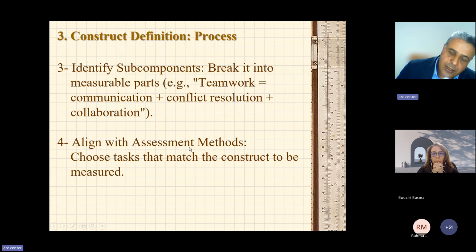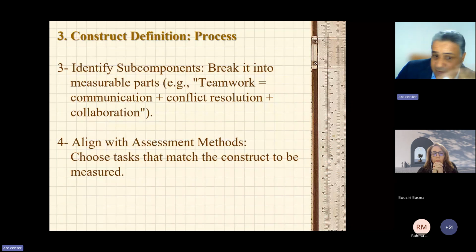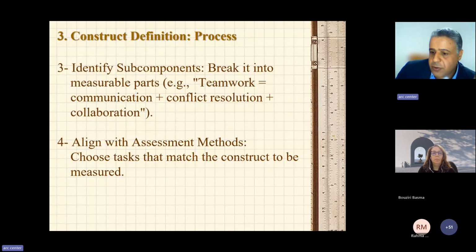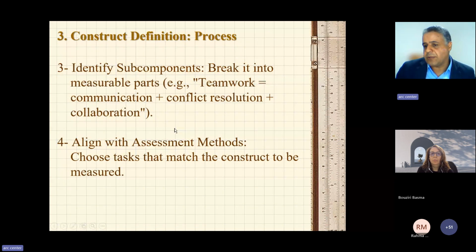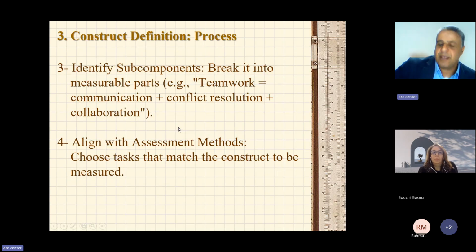As we said, critical thinking, for example, cannot be measured through multiple choice items. Interpretation of a novel cannot be done through multiple choice or structured items. So depending on the nature of the construct and the task that students will do with that specific ability, I will select the methods.